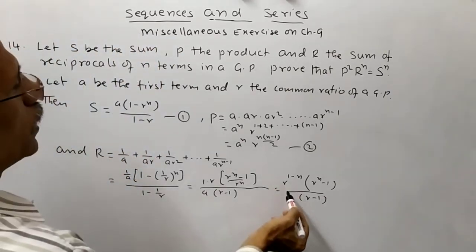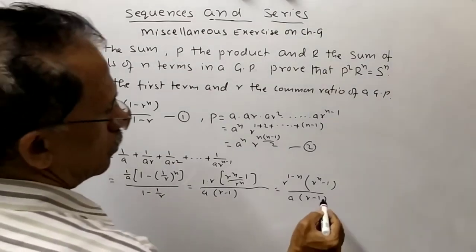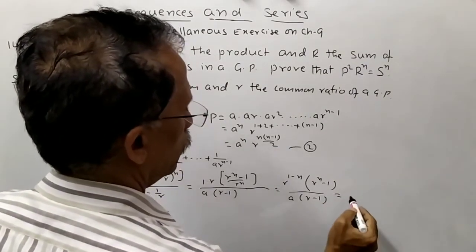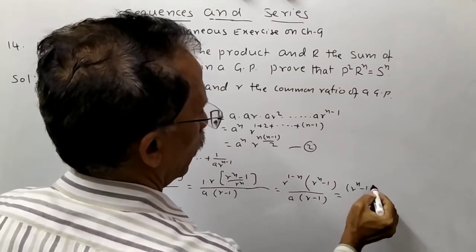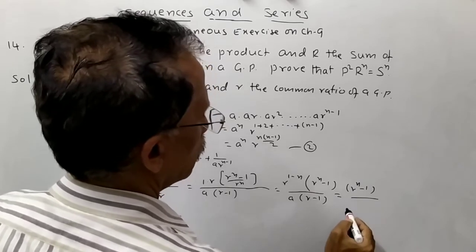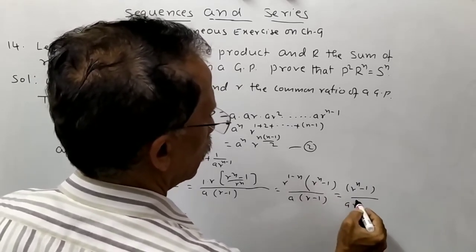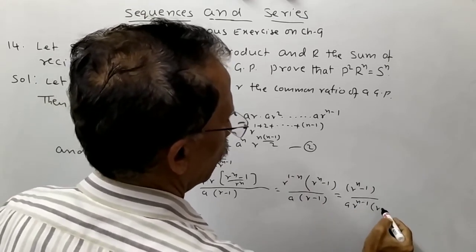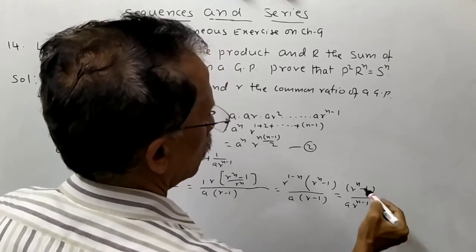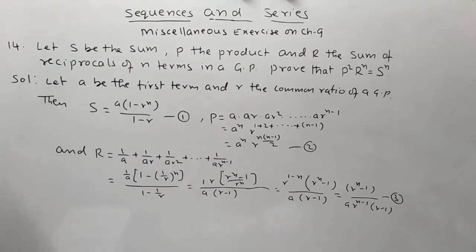If you want, you can take this to the denominator. That is equal to R raised to the power n minus 1 divided by A into R raised to the power n minus 1 into R minus 1. Say number 3.